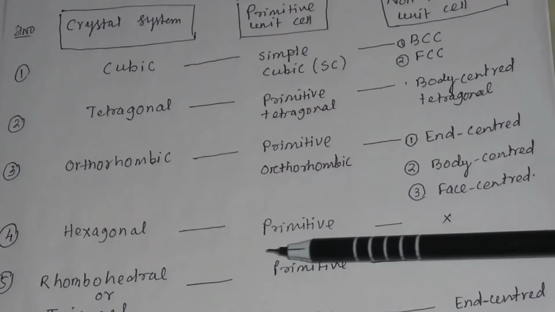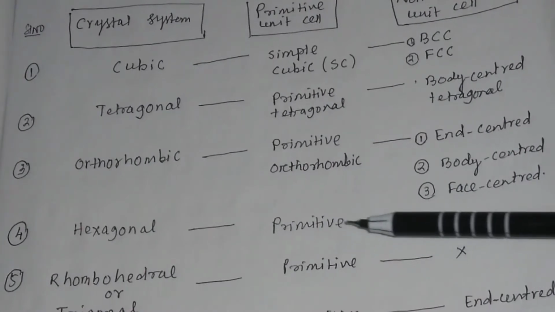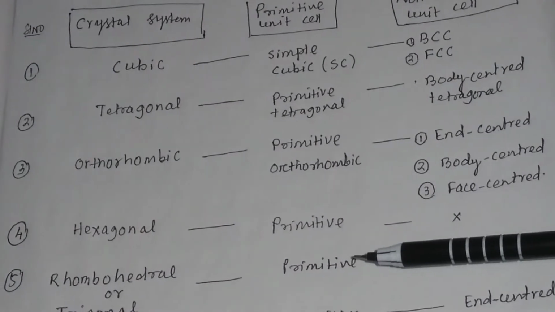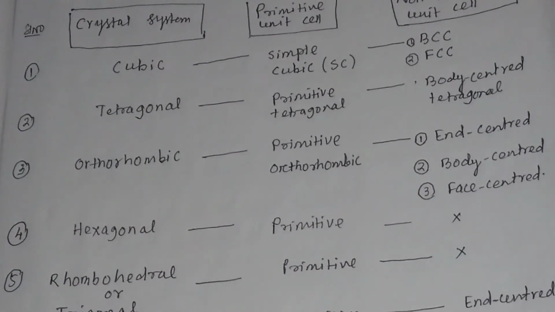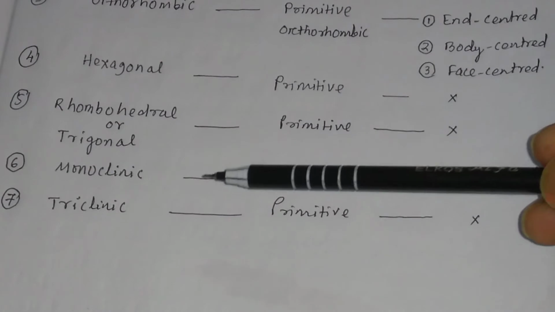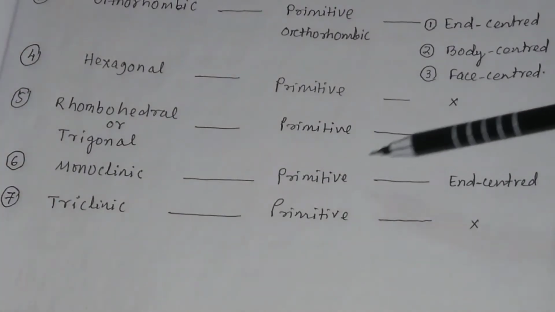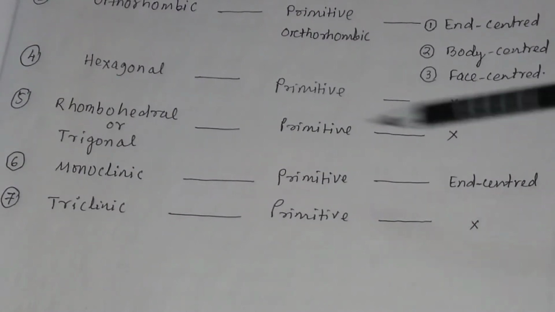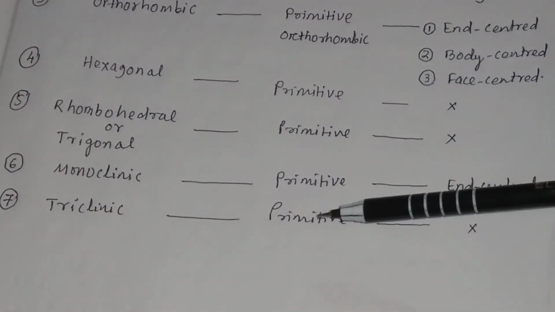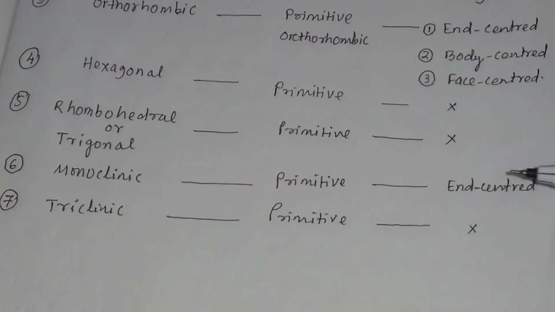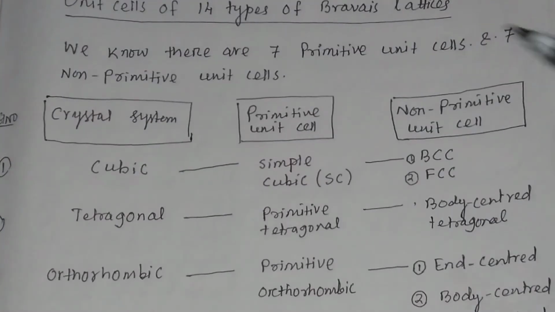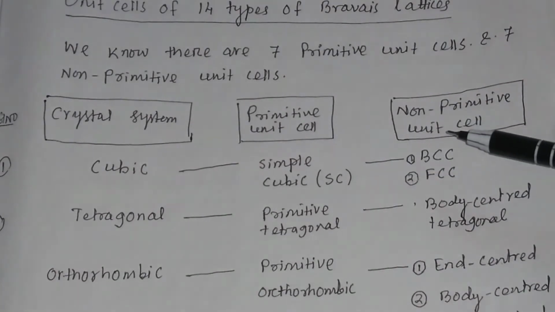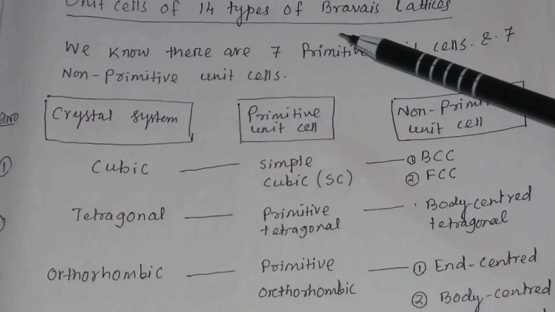Similarly, in hexagonal there is one primitive unit cell and no non-primitive unit cell. In rhombohedral there is one primitive unit cell, no non-primitive unit cell. In monoclinic there is one primitive unit cell and one non-primitive unit cell, the end centered. And in triclinic there is one primitive unit cell, no non-primitive unit cell. So in total there are 7 primitive unit cells and 7 non-primitive unit cells. So there are 14 types of Bravais lattices.